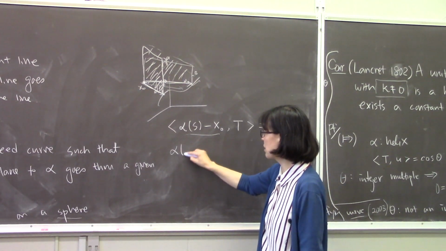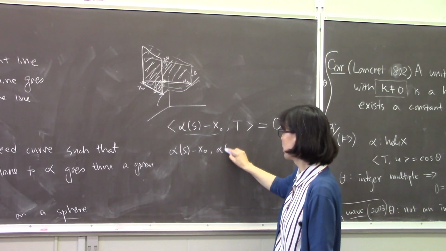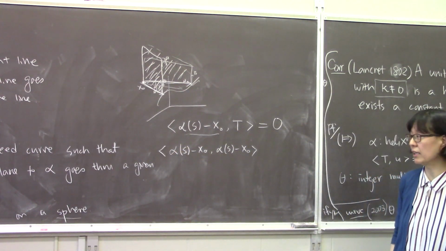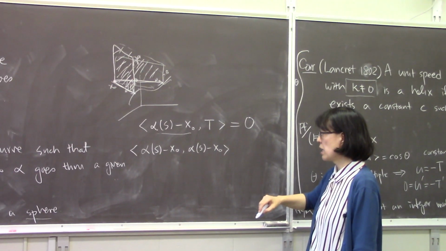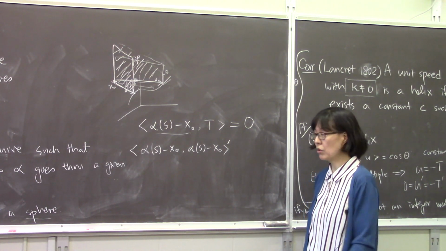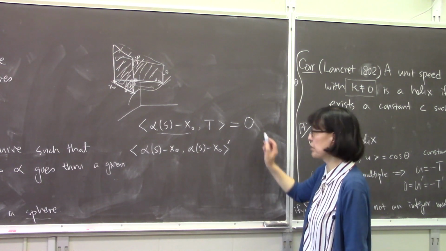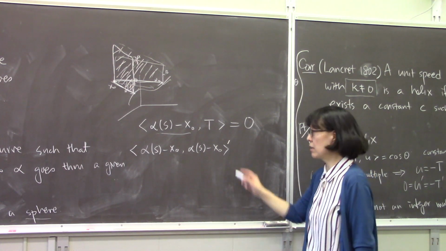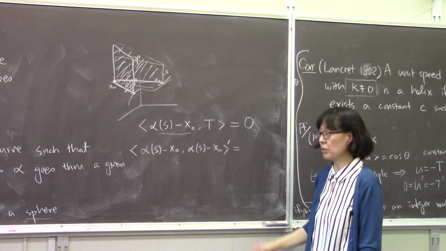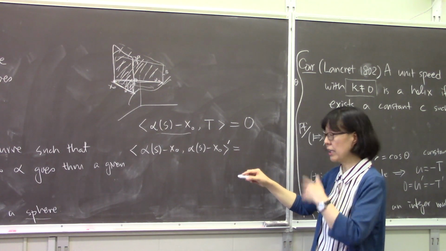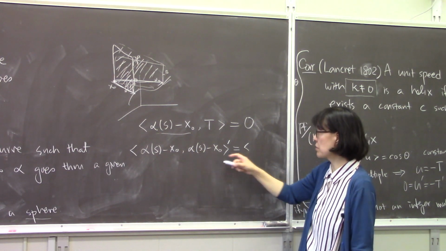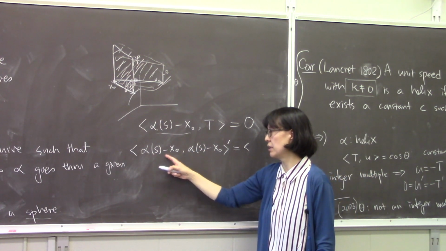So with that condition, let's figure out this one. We found this one. We know this is true. Let's take the derivative of that. We don't know what that is yet, but let's take the derivative of this portion. So how can we take the derivative of this? Product, yeah. So product rule first. What is the derivative of this?